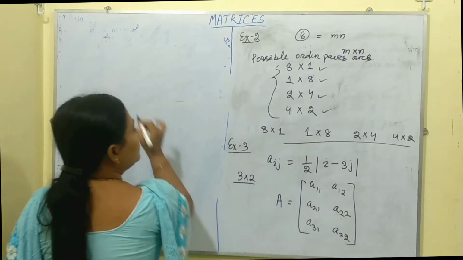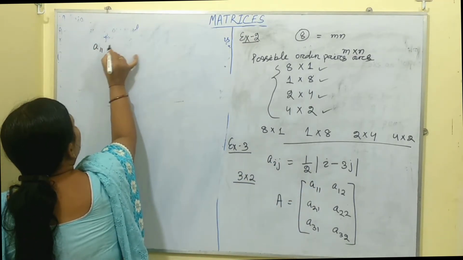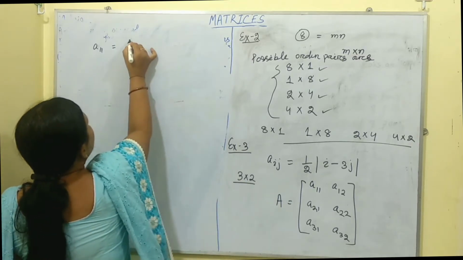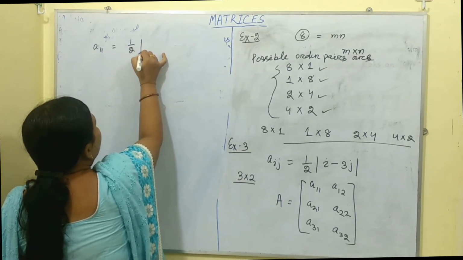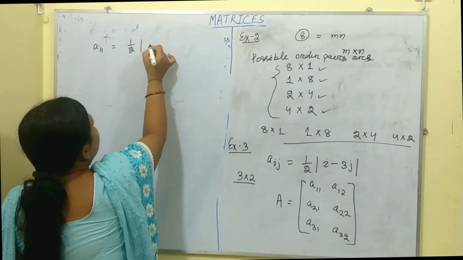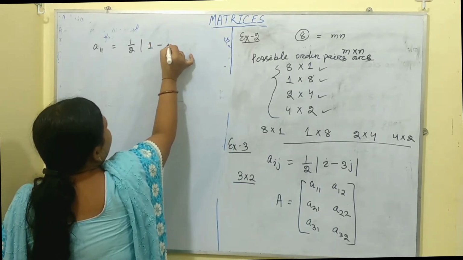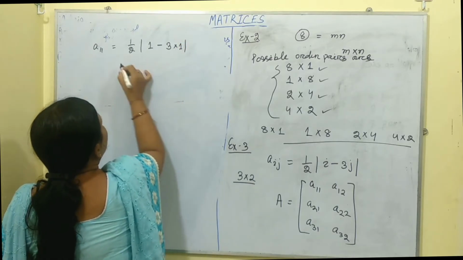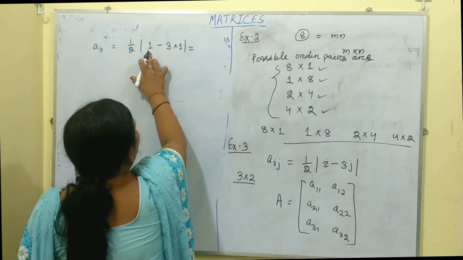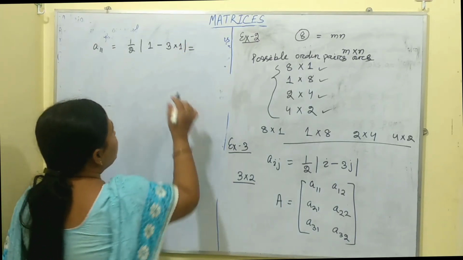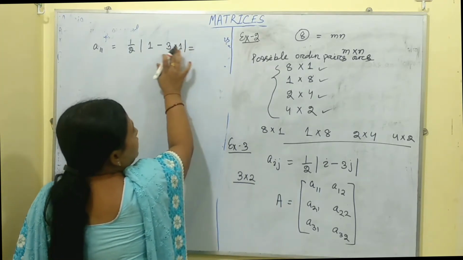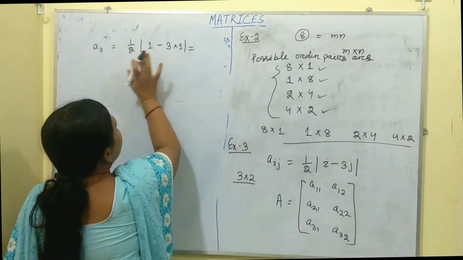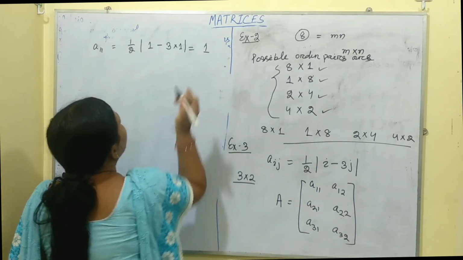First find A11. A11 is equal to half, value of i is 1, minus 3 into j, this is 1. So that is 1 minus 3, that is minus 2. Modulus of minus 2 is 2. Half into 2 is equal to 1.